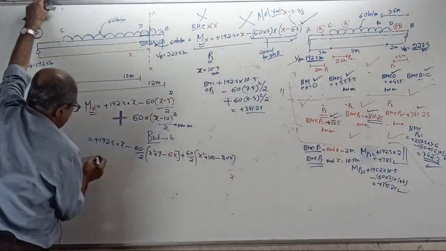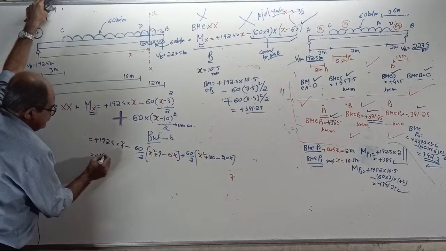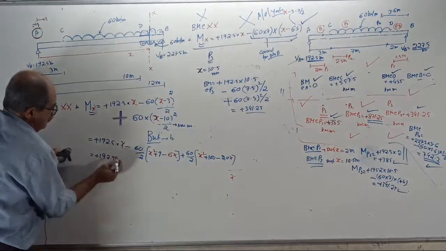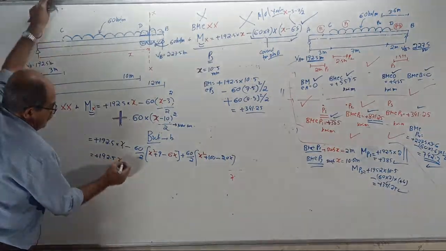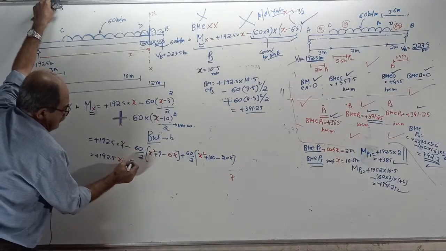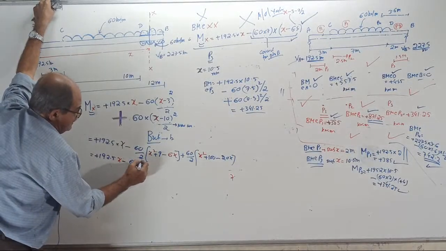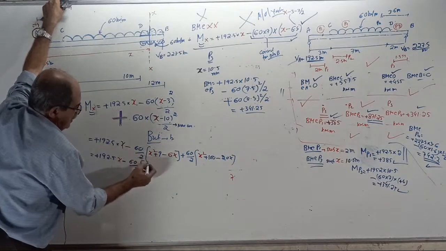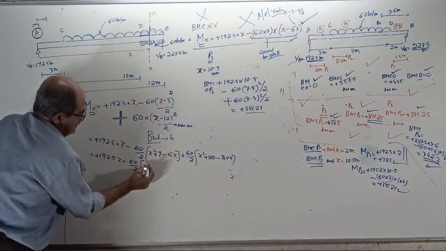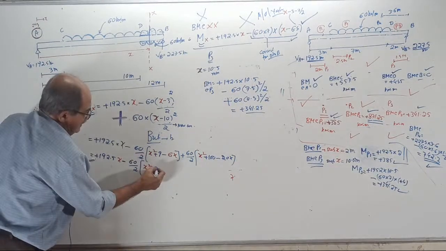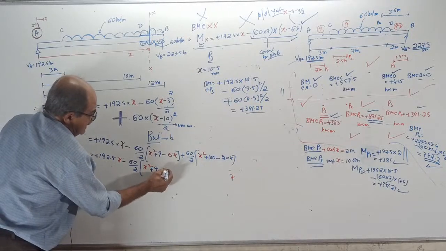This will become equal to plus 192.5 into x. I will take minus 60 by 2 outside, into (x² + 9 − 6x).